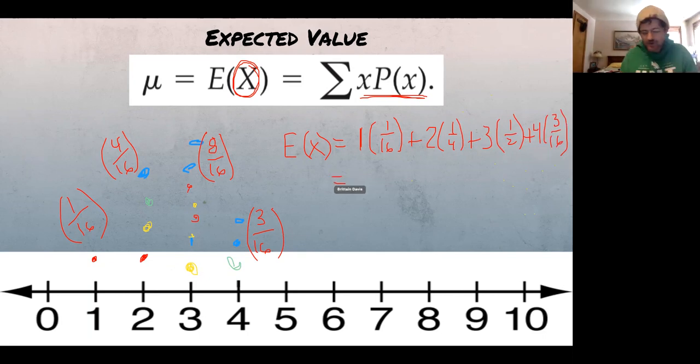So let's go ahead and do this math. Luckily, 1 times 1/16 is this. I'm going to put this into decimal at this point. So that's 0.0625. You guys can do this individually and we'll figure this out.